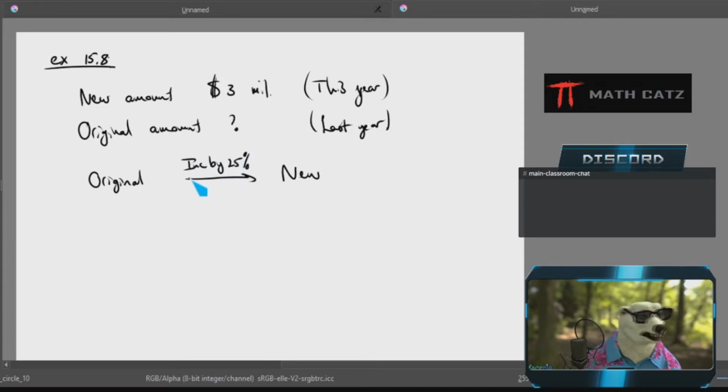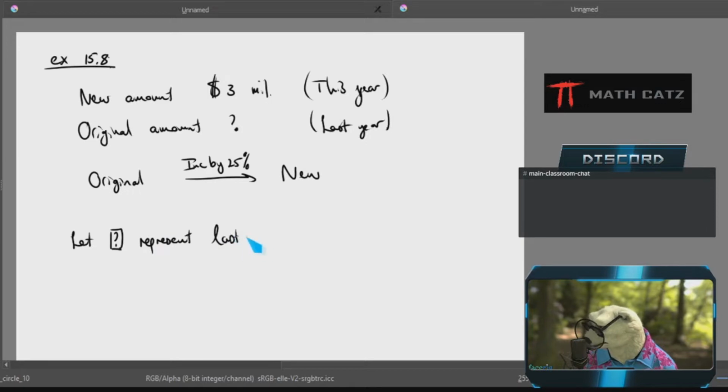They might not use the word increase. They say 25% more. It's the same thing. So I have all the information. I just need to translate this. So my question mark is right there. I just need to make it official and say question mark in a box is going to represent for me the last year's budget.